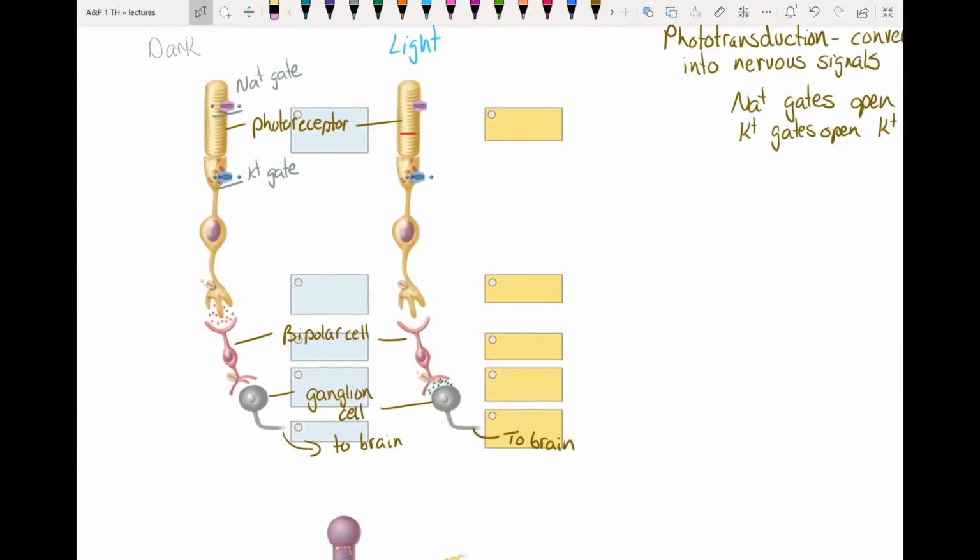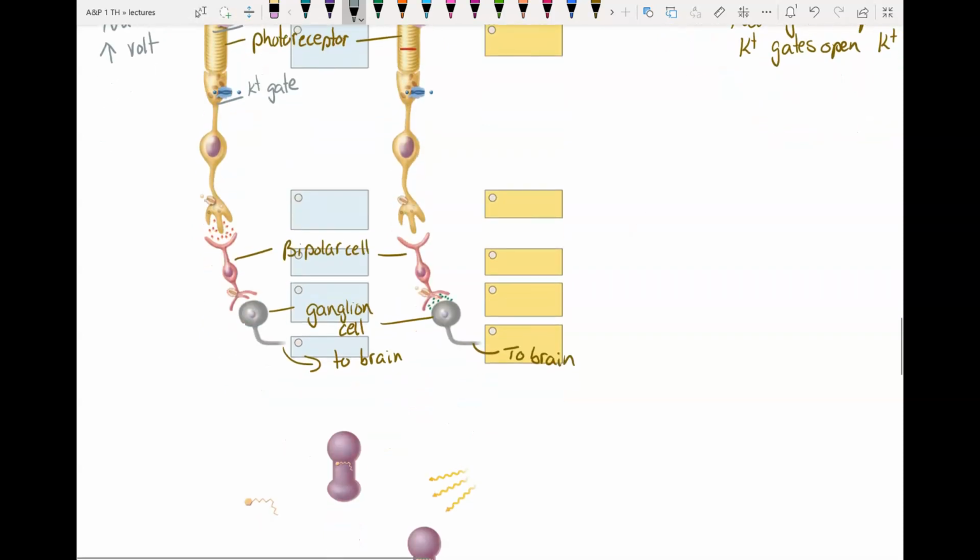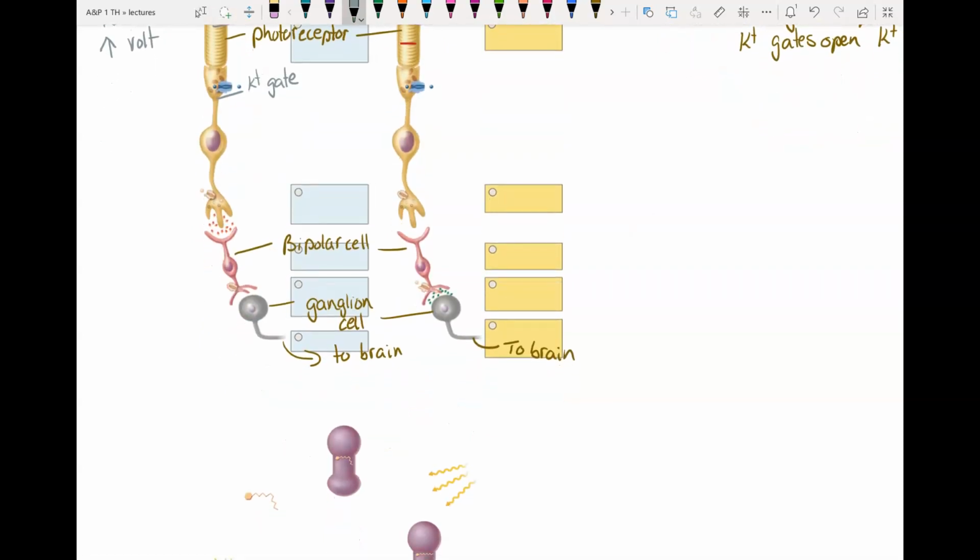So in the dark, your sodium gates are open, and sodium is coming in, and you raise the voltage. Because you're raising the voltage, that causes down here, remember this one? This is your calcium gate. So the calcium gate opens.